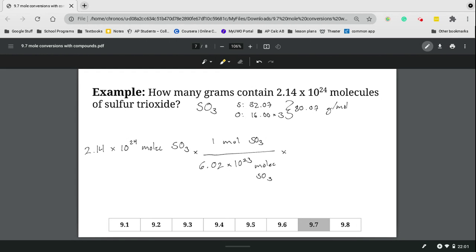But we're not quite there yet. We still have to do mole to grams. So we calculated earlier that in every mole of SO3, there are 80.07 grams of SO3, which calculates out to 285 grams SO3.